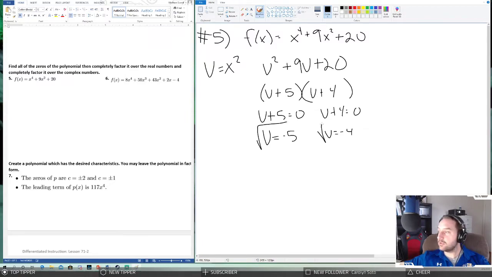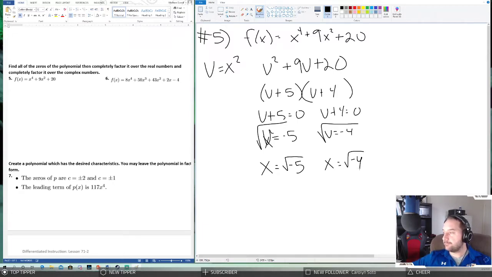Square root both sides. I'm going to get x equals the square root of -5, because u is really x squared, right? And so x equals the square root of -4. And so x would equal plus or minus root 5i, and then x would equal plus or minus 2i.